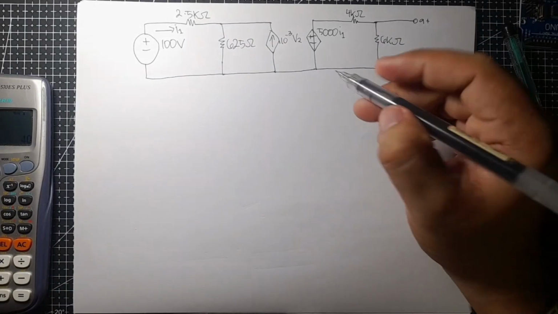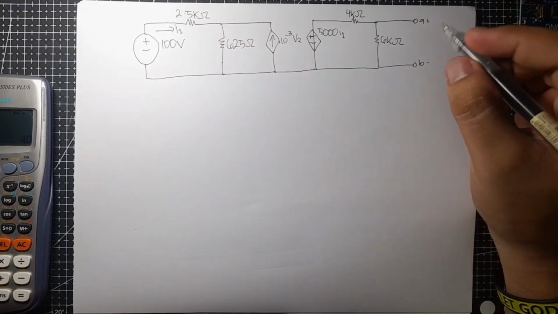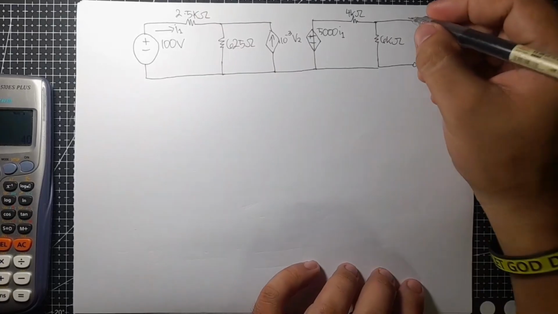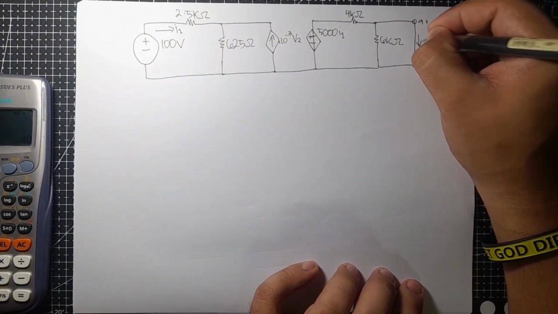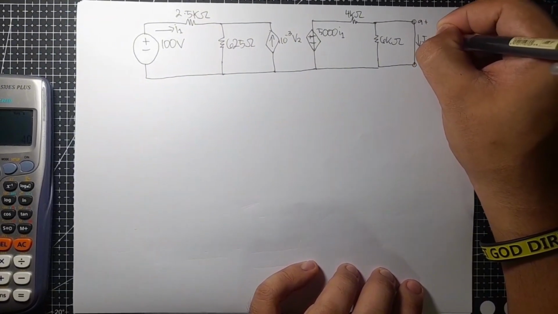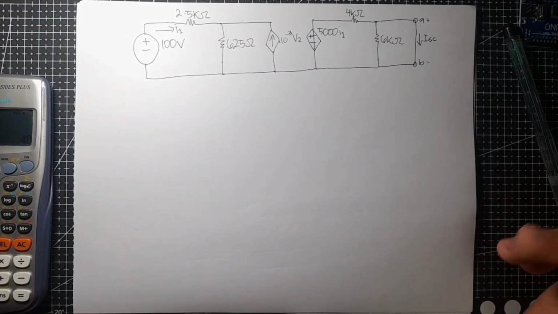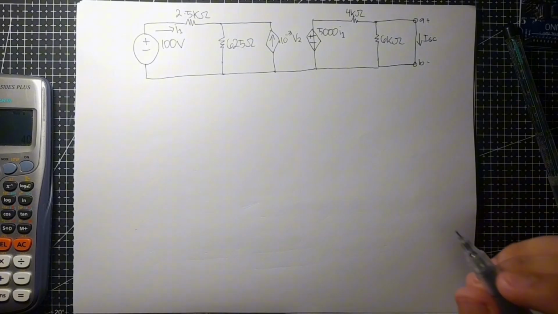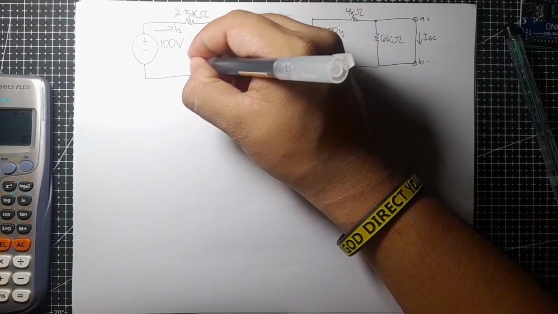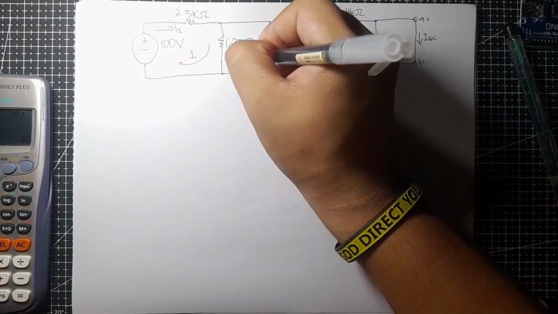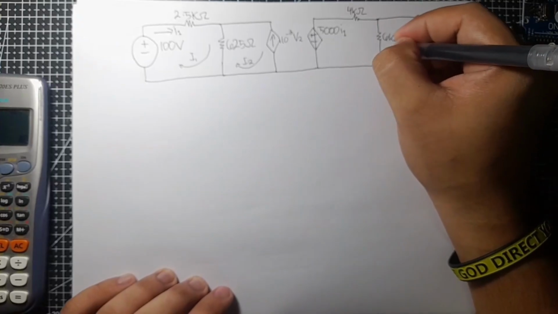To find the RTH with dependent sources, we need to make a short circuit current here from A to B. We need to find the ISC, the short circuit current. So we can just use mesh analysis to solve this. I1, I2, I3.